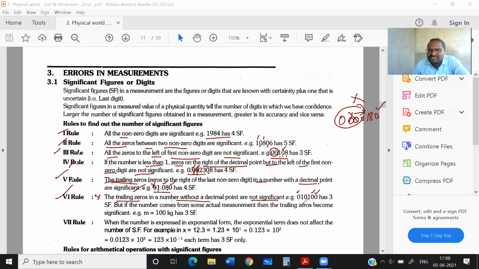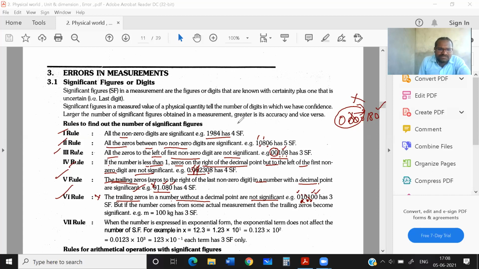This is also not significant, but only this one and this one. This middle 0 is significant because it is present between two non-zero digits, but these two zeros are trailing zeros and the number is not a decimal number, so they are not significant, and this is also not significant. So these three are the significant ones. Okay, clear?